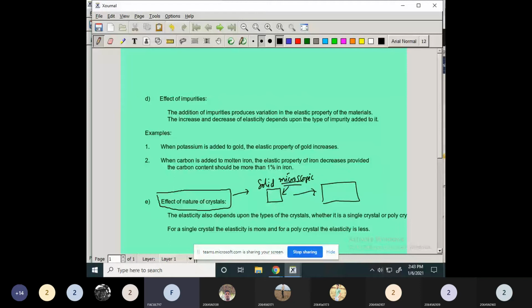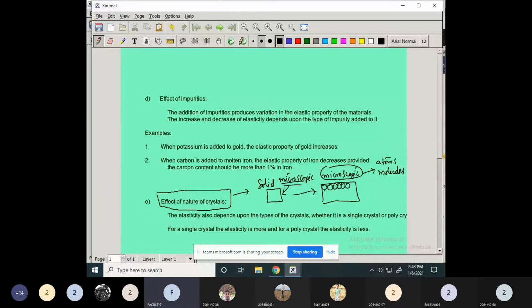I'm enlarging the diagram and I'm going to draw the microscopical point of view of the concept that I had mentioned in the previous class also. Now a solid can be made of atoms or molecules. If you go up to the atoms and molecules, we consider it a microscopical concept. Now inside you are going to have the atoms like this.